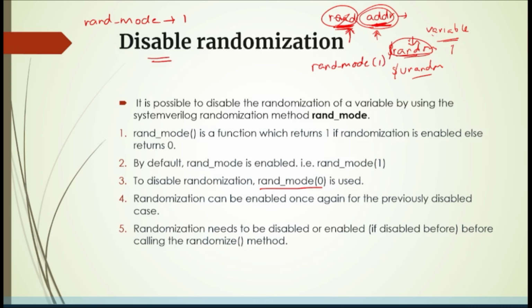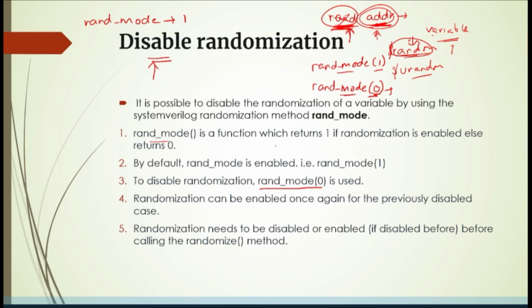Whenever you want to disable that randomization, you should declare it as rand_mode of 0. So when you make the mode of this rand as 0, you are disabling that randomization. We'll explain this clearly with an example so that it will be easily understood. So this is about disabling randomization.